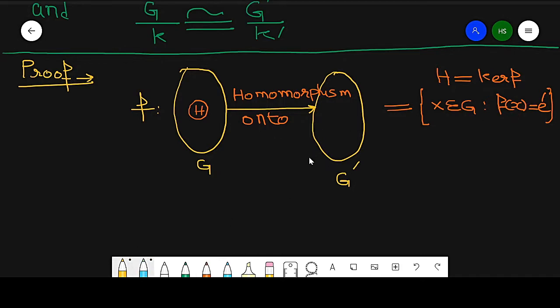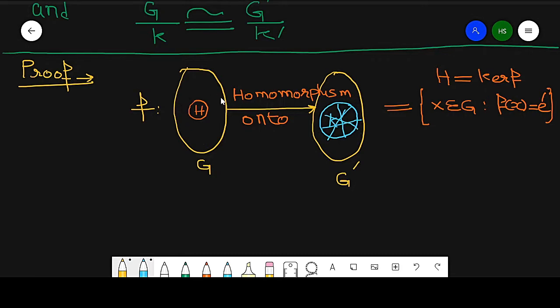Now suppose K dash is a normal subgroup of G dash.